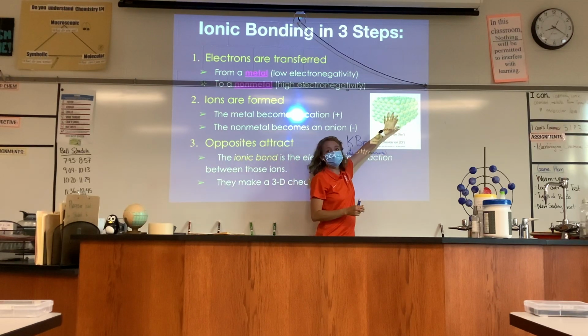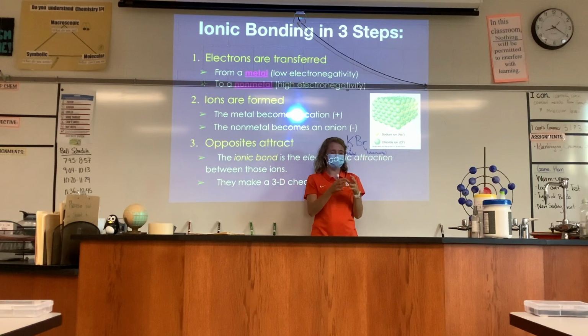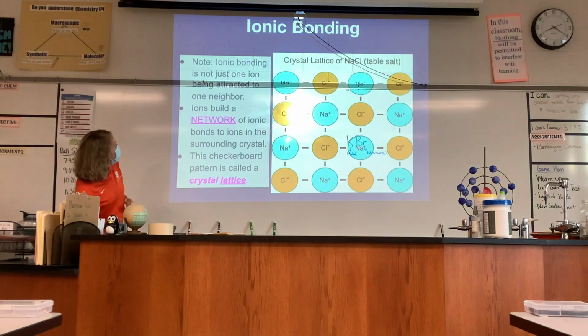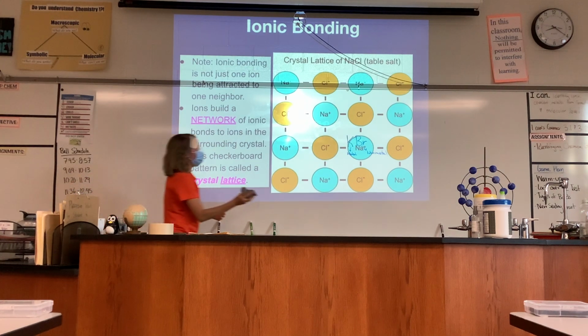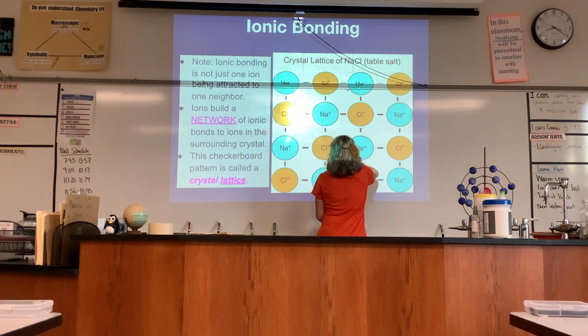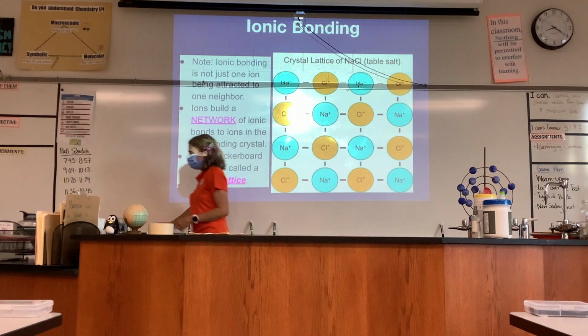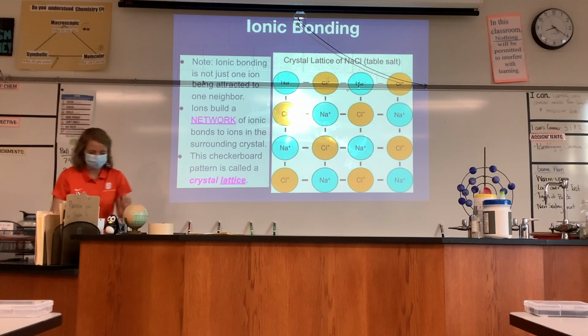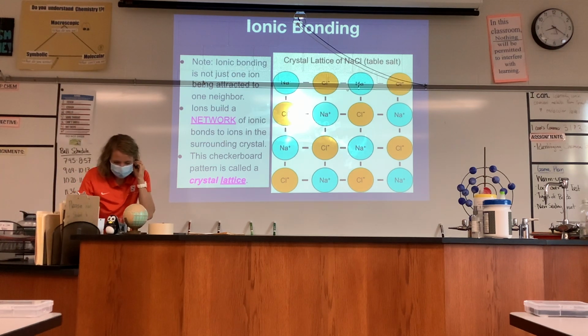This is what an ionic substance looks like at the molecular level. It's this network of ionic bonds, and it's also often known as a crystal lattice. Kind of think like lattice is a ladder, of positive, negative beings all over.